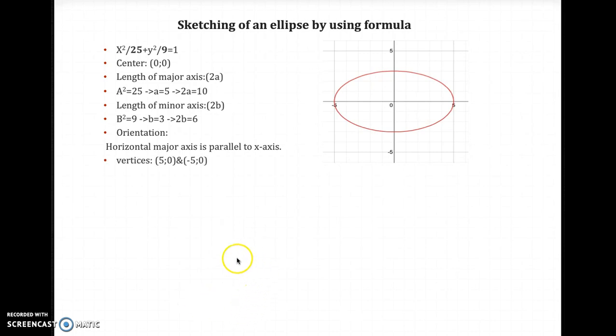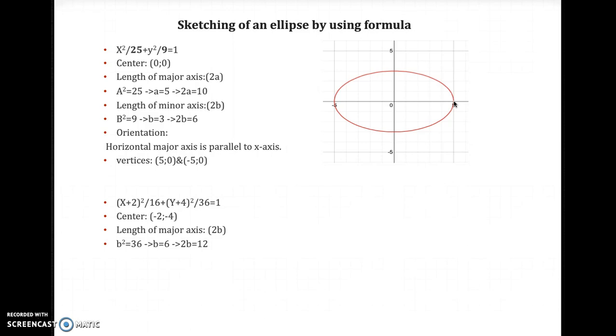So our vertices are going to look like this: from -5 to 0 and from 5 to 0. Our next equation is (x plus 2) squared over 16 plus (y plus 4) squared over 36 equals 1. So our center is (-2, -4).